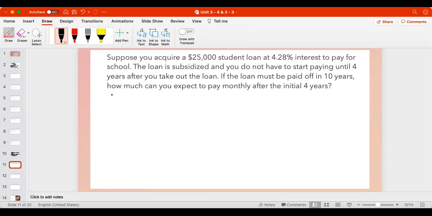As always, you can pause the video if you want to write out your variables and get started, try to make an outline of the problem, or even finish the problem and see if you get the same answer as I do. So I like to write the equation of the formula, which is payment is A R over N. So this is the formula.